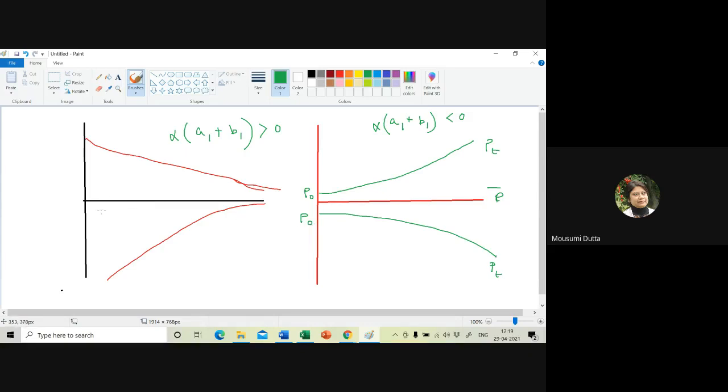This is the equilibrium price. This is Pt. This is P naught. So this is the idea.